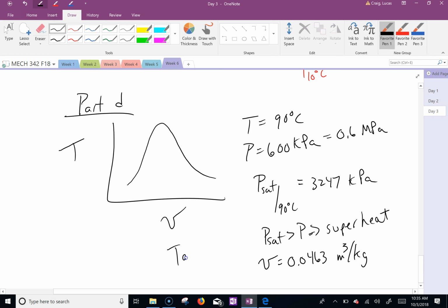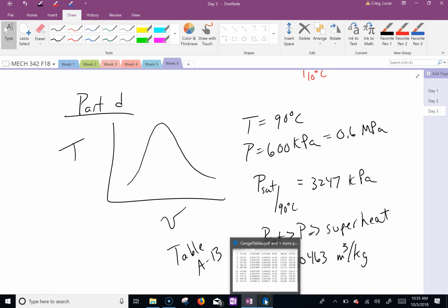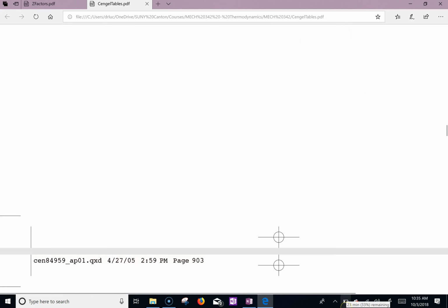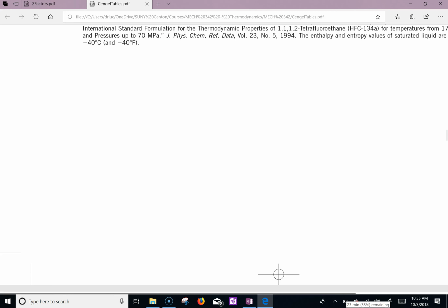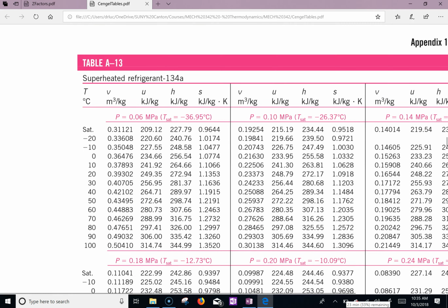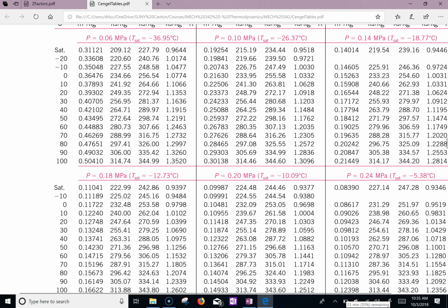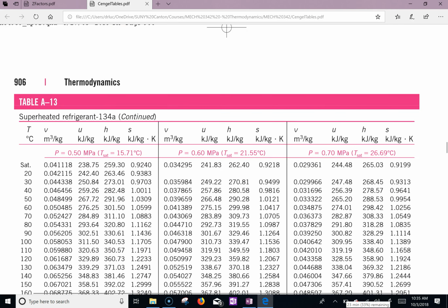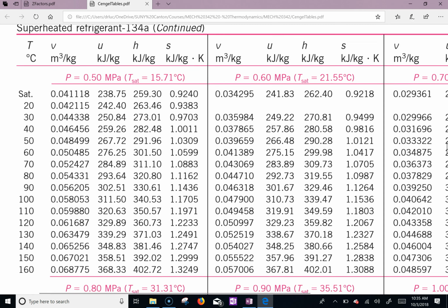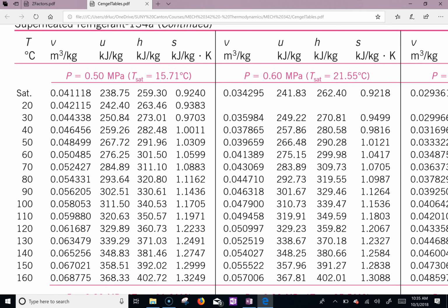So we're going to use table A-13. Let's go to the superheat tables, which should look like grids, right? And we need to find our pressure, which is 0.6.